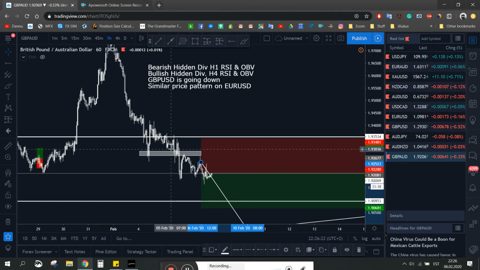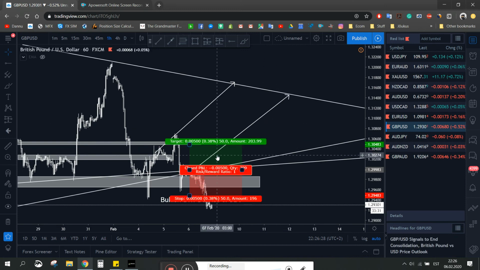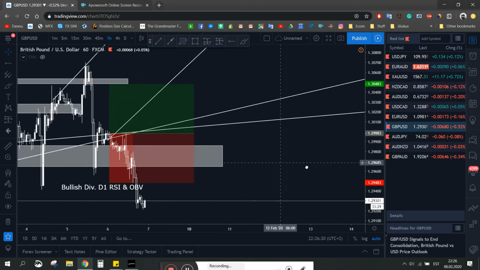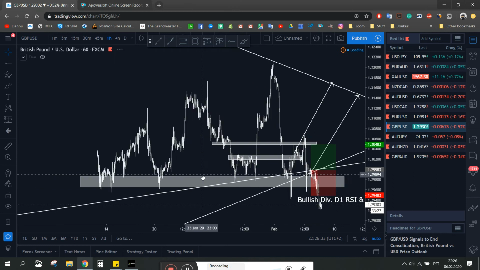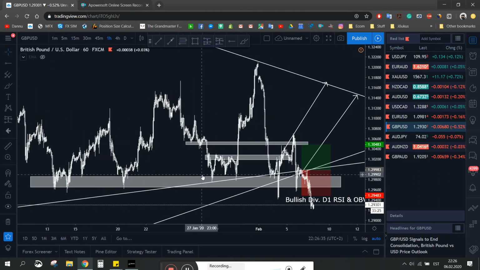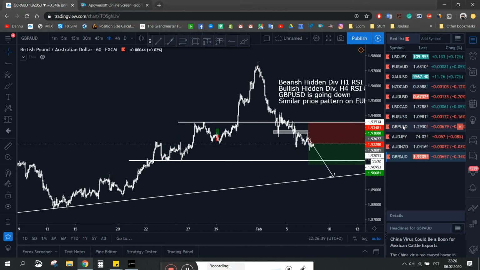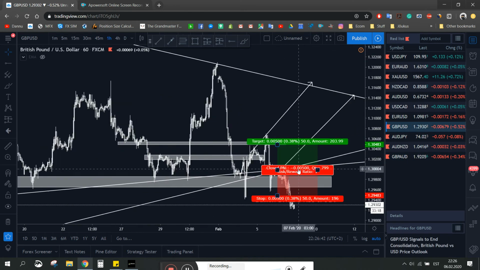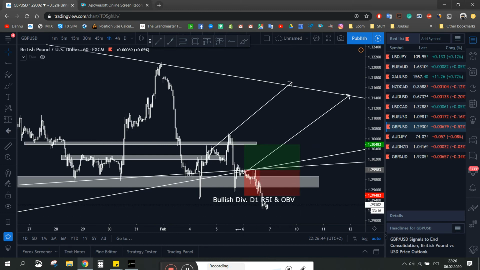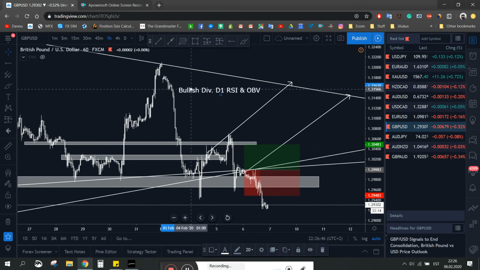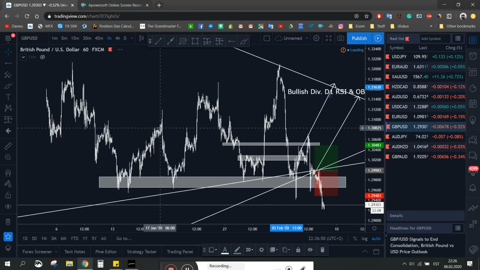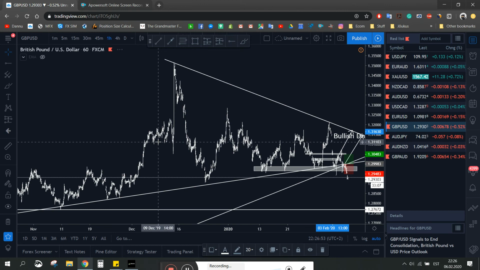It could go either way, but I figured since this was a GBP pair and GBP USD ended up stopping me out, I thought that this might go down as well. Although I did enter a buy trade in the GBP USD because I saw bullish divergence on the daily for RSI and OBV. This was my idea why I entered this trade.